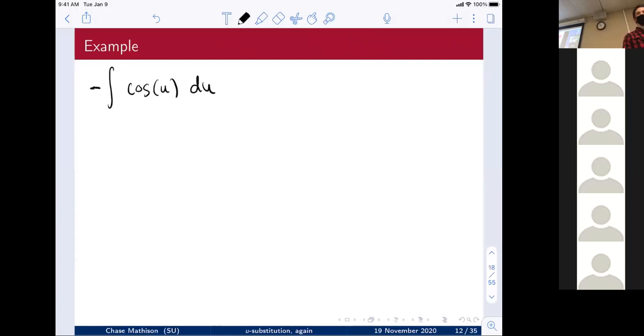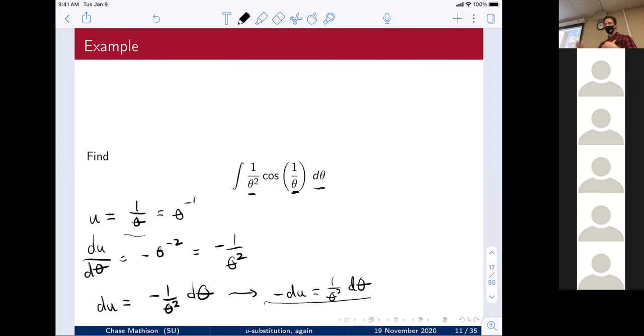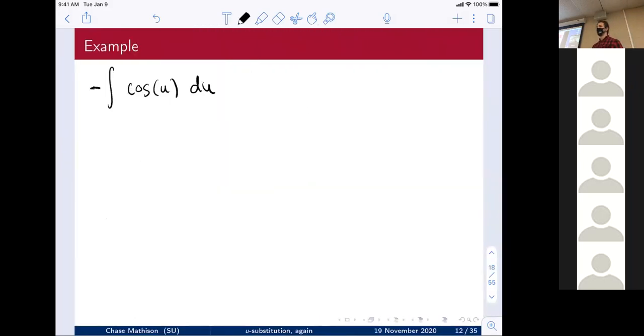Okay. So this is what I was saying about languages. Someone asked us a question in a kind of unnatural language for us, so the natural thing to do is switch to something that makes more sense. This integral is a lot easier to do, right? What is the antiderivative of cosine of u with respect to u? Or the indefinite integral, sorry.